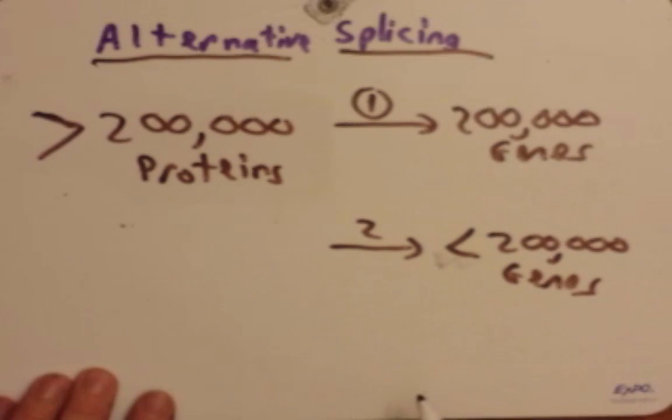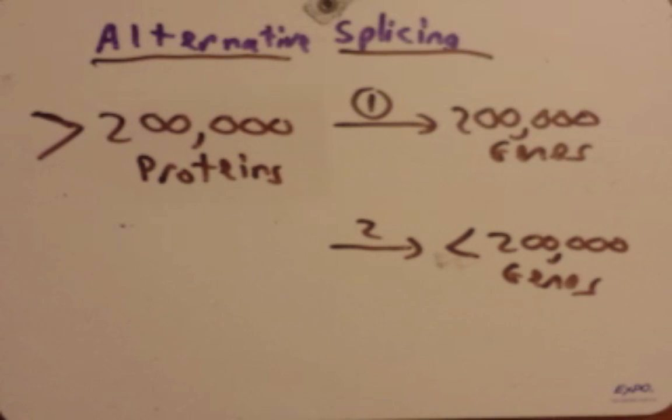If you had 200,000 genes, meaning one gene for each protein made, that could work. The problem is that throughout the course of evolution, what would have had to have happened was that new genes would have had to have evolved for each one of these new proteins that were being made. A more efficient way would be to have less than 200,000 genes and be able to take those existing genes that used to make just one protein, but now allow that existing gene to make 2, 3, 4, 5, or more proteins from that same gene.